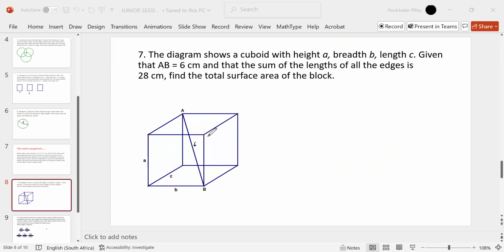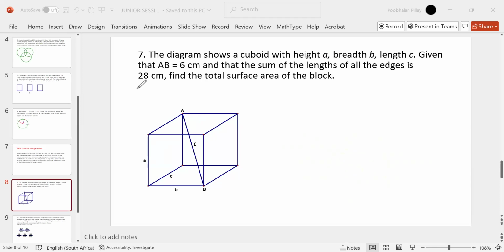And then, while we're on that subject, this part here, that flat top, is called a face. So it's got a top and a bottom face, left and right face, and then front and back face. So you've got 6 faces.